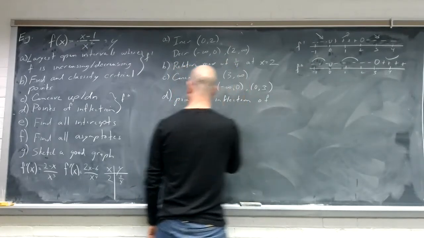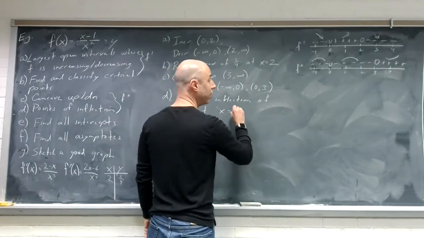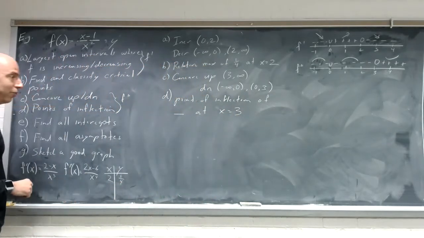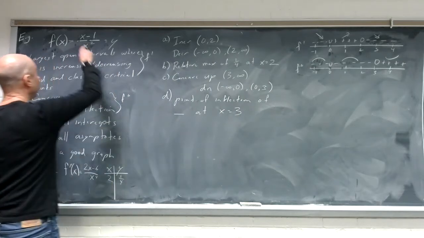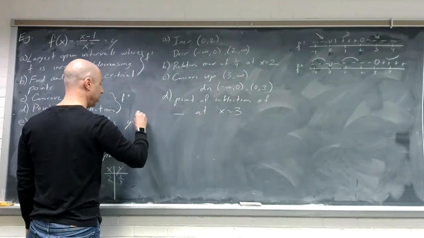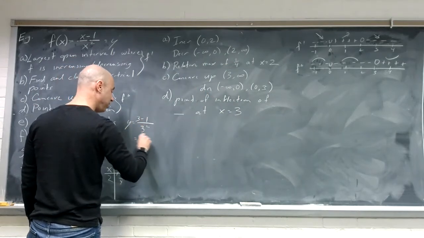of, let's give the y value at x equals 3. We're going to need the y value on our graph later anyway, so we might as well do it now. Let's take 3 and plug it into our original function to get the y value. So y equals 3 minus 1 over 3 squared. That's 2/9.